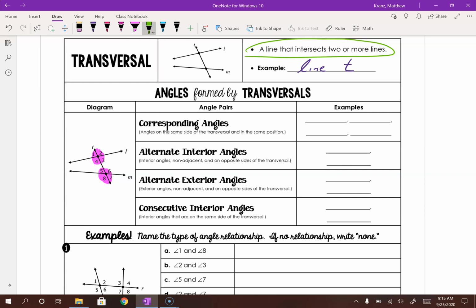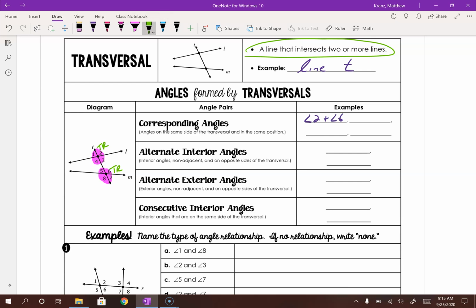When I look at it, angle 2 is the top right. So a corresponding angle would be another angle that is also on the top right. And if you can see, that would be angle 6. See, it's on the top right of this when I look at it. So the corresponding angles here would be angle 2 and angle 6.